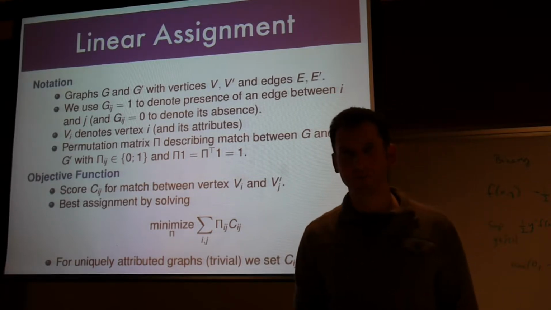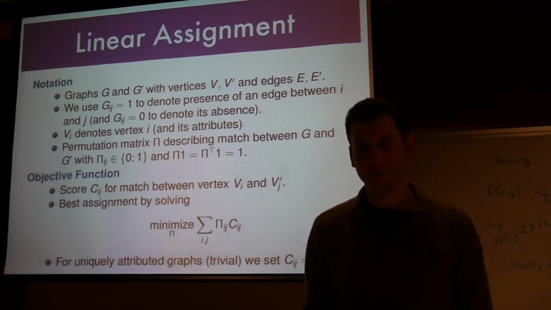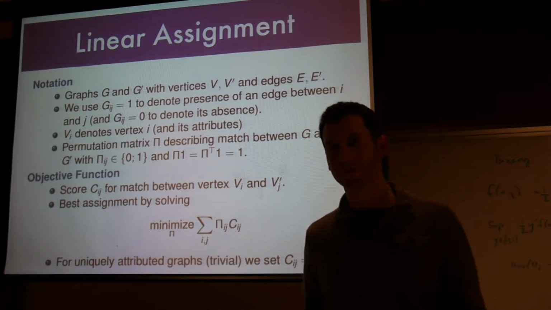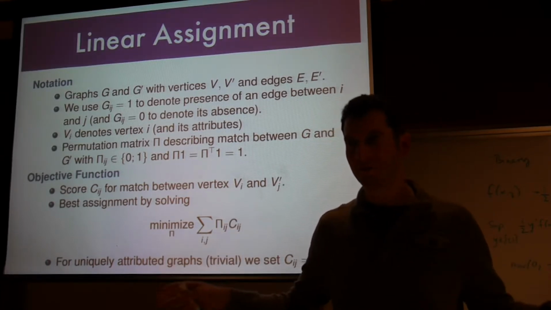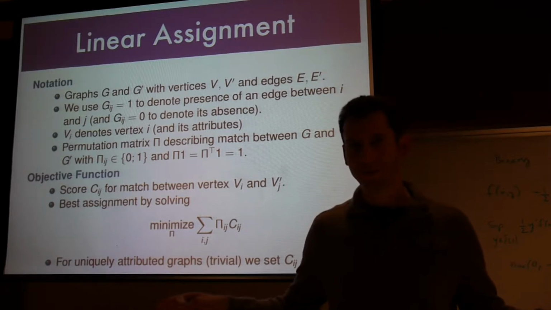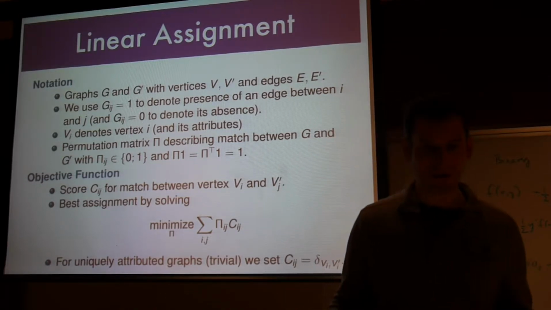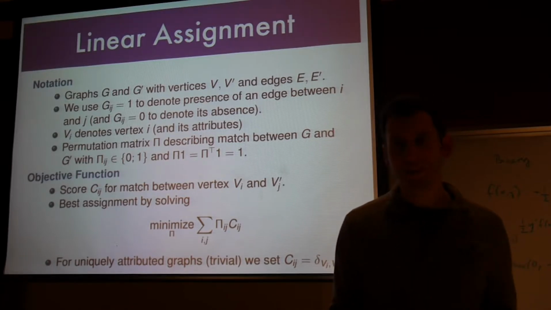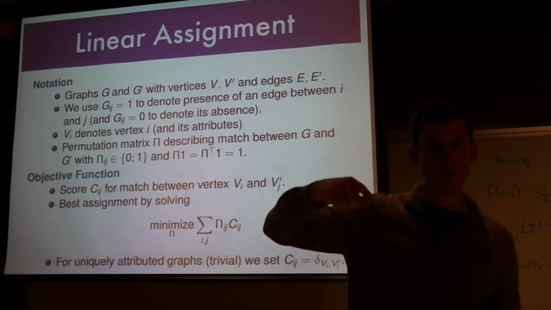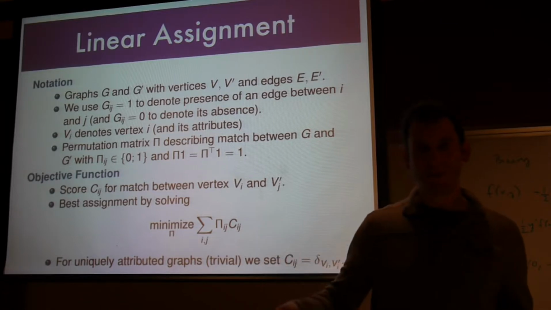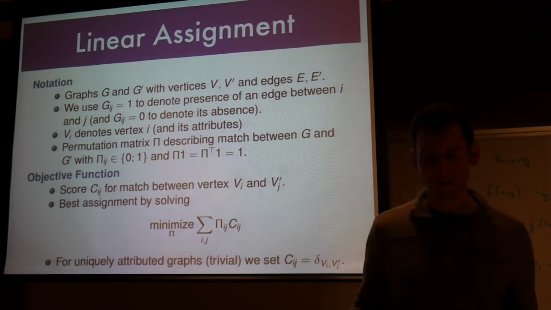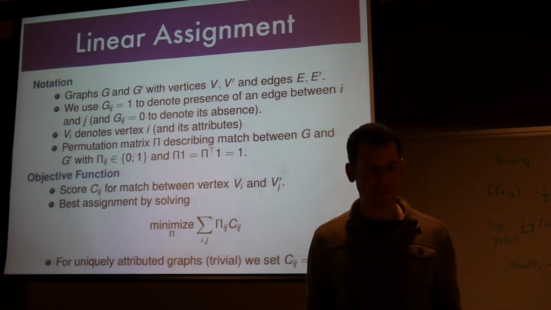If they all have unique attributes, let's say I have a copy of the Facebook social graph and another copy of the Facebook social graph, matching those two graphs is trivial, because an Alex Smola occurs in both instances only once. There may be some Jane Does who occur several times, but most of the names are essentially unique. So matching those two graphs, checking whether they are isomorphic, is fairly trivial.